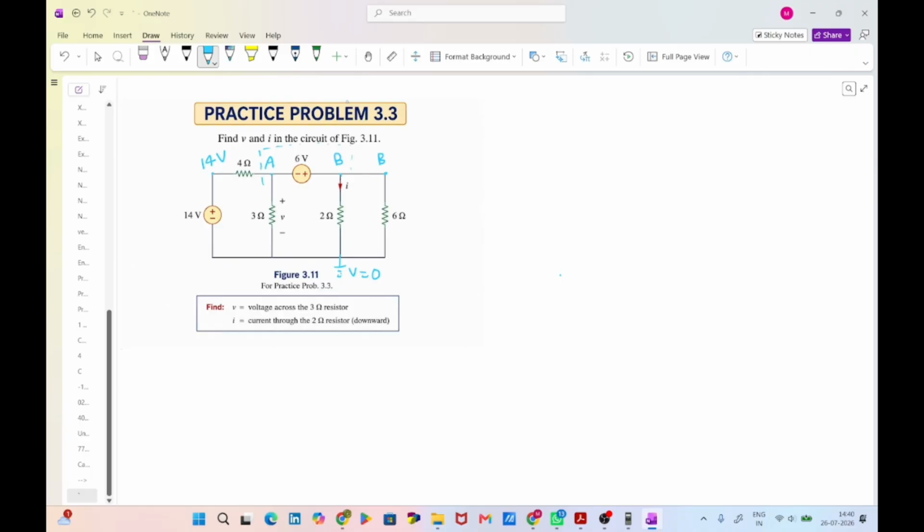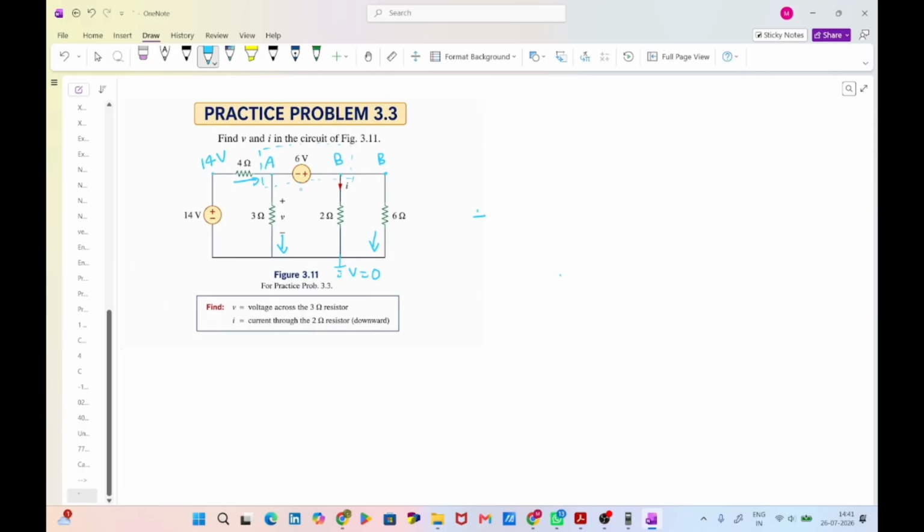Here the current is entering in this way and leaving in this way. For the supernode A and B, the current entering is this one only. Let me write the circuit after we apply the supernode.